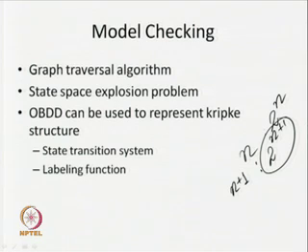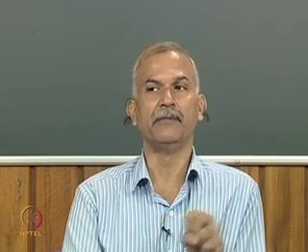So, BDDs can be used to contain this state space explosion problem, because we have already seen that the state transition system can be represented with the help of ROBDDs, and in most cases most Boolean expressions can be represented with the help of compact ROBDDs. Also, I have mentioned that the size of this ROBDD depends on the variable ordering.